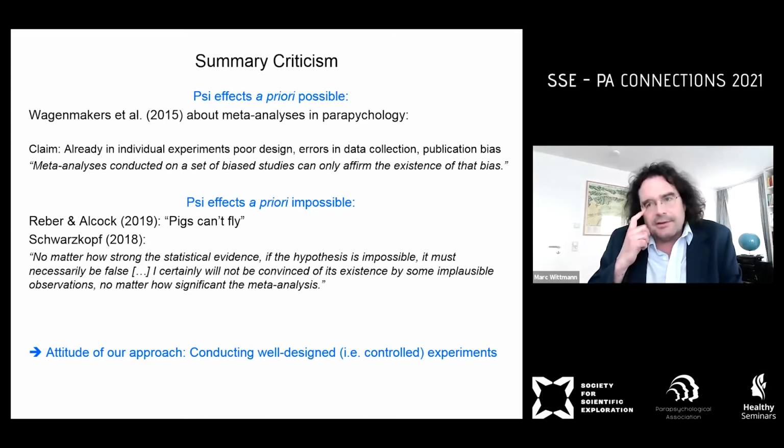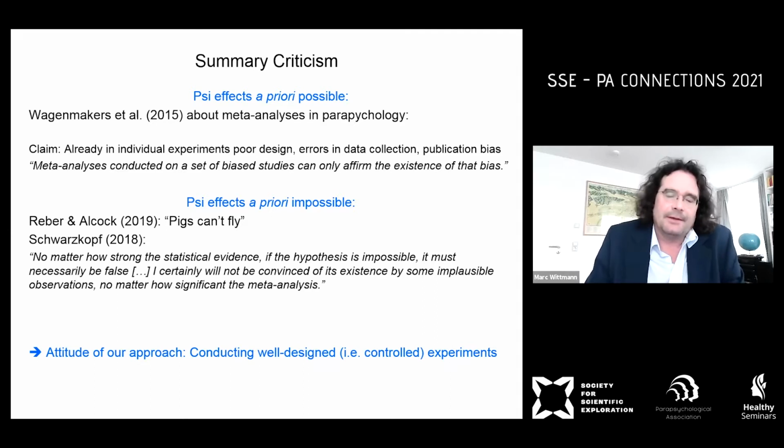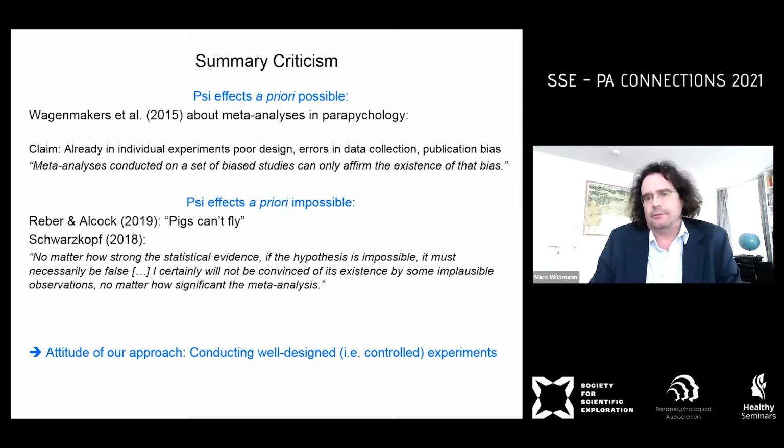But then there's also another type of criticism where people say it's a priori impossible to get a psi effect. Very famous, the Reber and Alcock sentence: pigs can't fly. So if pigs can't fly, why should we do research on flying pigs? Because they cannot fly. Schwarzkopf, a little more elaborate, but still I think dogmatic, said: no matter how strong the statistical evidence, if the hypothesis is impossible, it must necessarily be false. I certainly will not be convinced of its existence by some implausible observations, no matter how significant the meta-analysis.